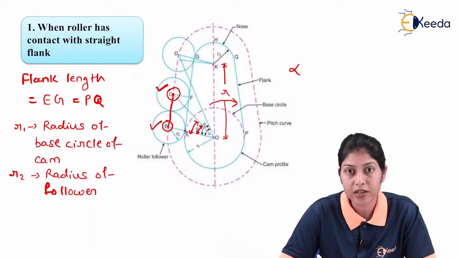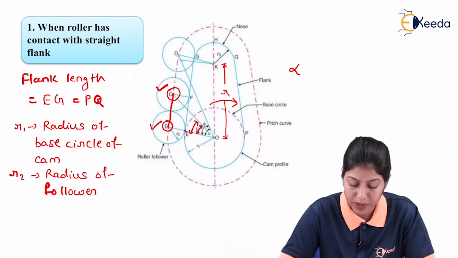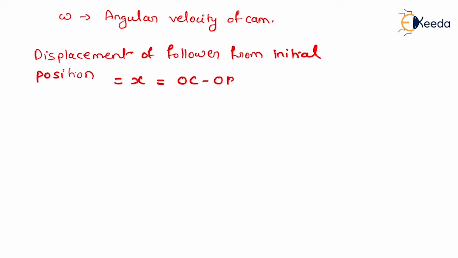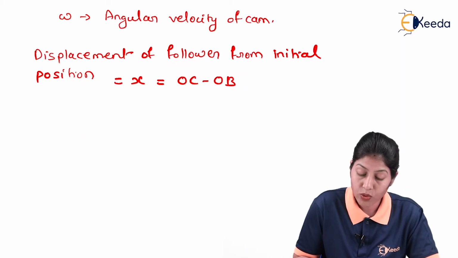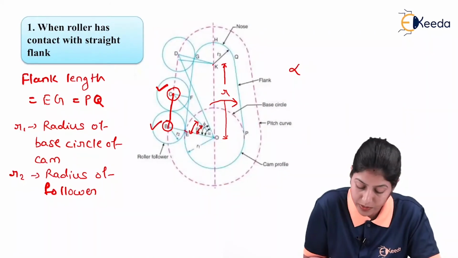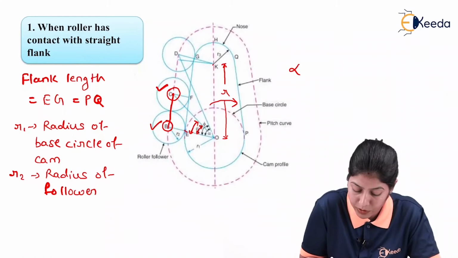This theta is the angular displacement of the cam, and the displacement will be defined by OC minus OB, and it is denoted by X. So whatever displacement we are considering from position B to C, it will be defined from the initial position.